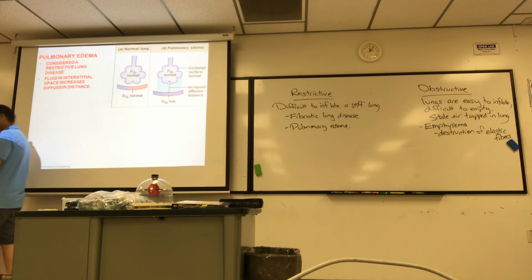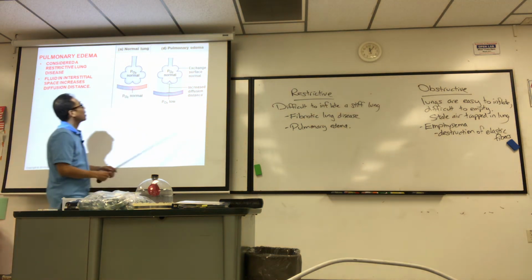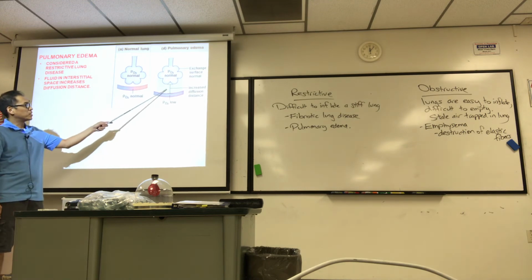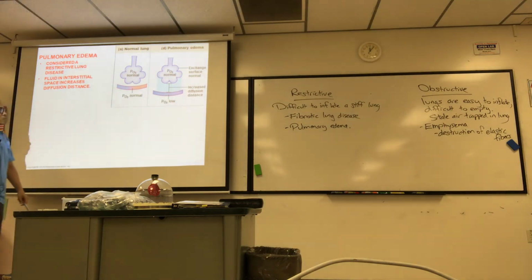Like take a balloon and just hold the balloon under the water right at the surface and try to inflate it. Okay, it's more difficult because of the pressure of the fluid surrounding the air sacs. You also increase the diffusion distance. So it's just more difficult to inflate because of the fluid surrounding the alveolar spaces. That's why it's considered restrictive.